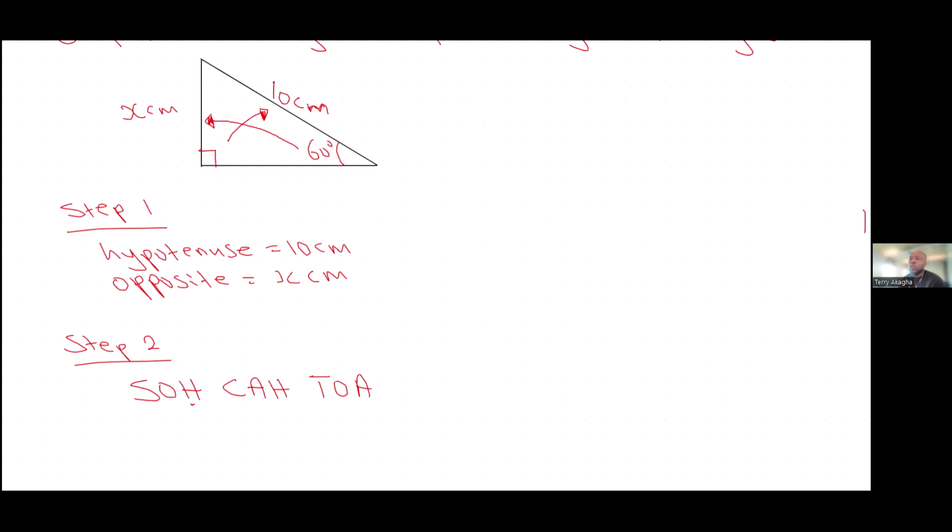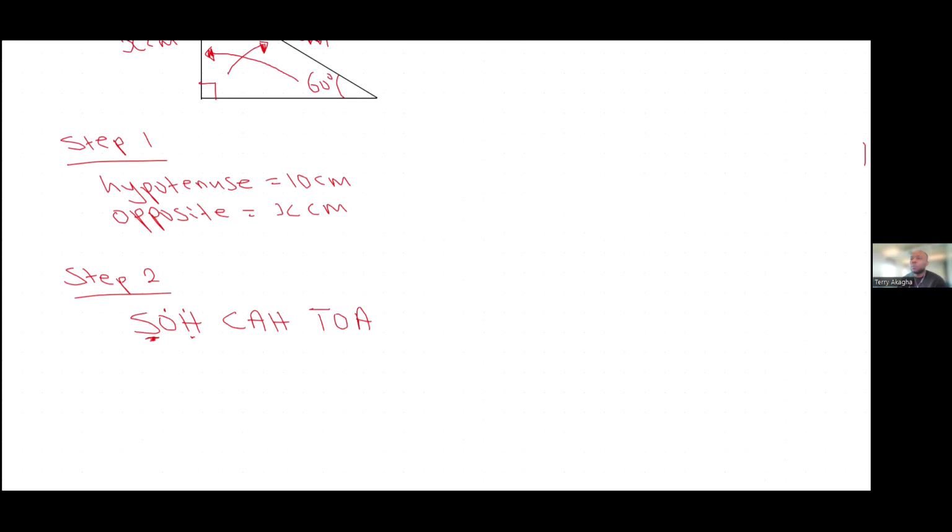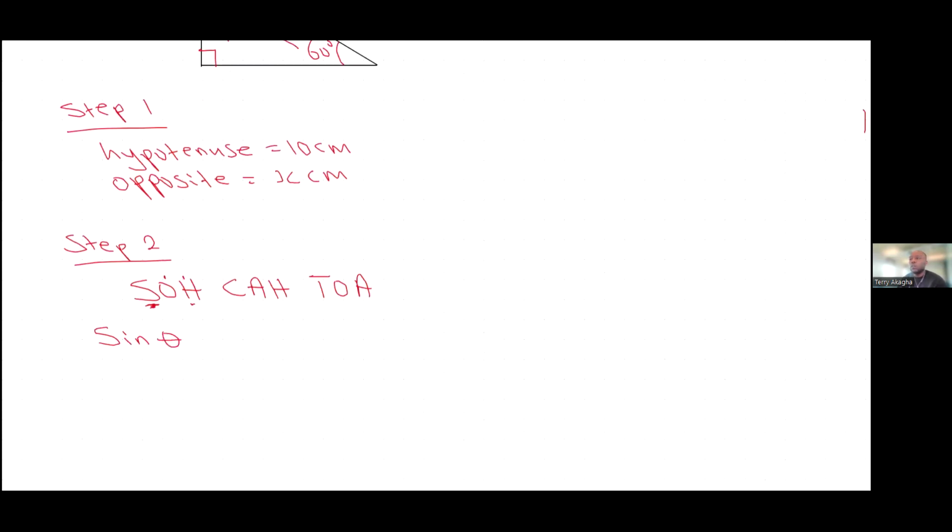But we can use sine because opposite and hypotenuse are given. So that means we can now solve this. So we know that sine theta is going to give us the opposite divided by the hypotenuse.